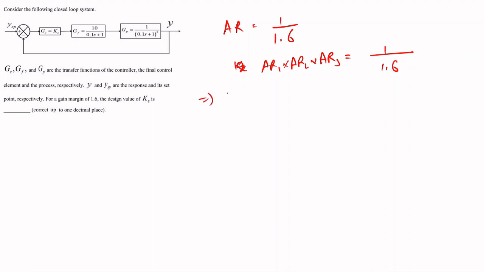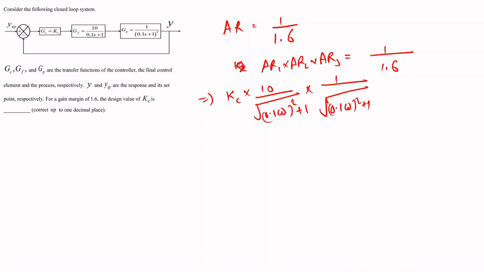That is Kc into 10 upon the square root of (0.1 omega) whole square plus 1, into 1 upon the root of (0.1 omega) whole square plus 1, and since here we have a square, this will be again squared.